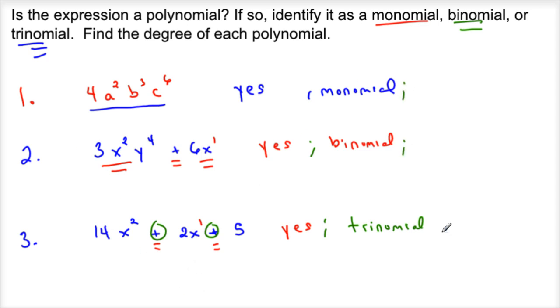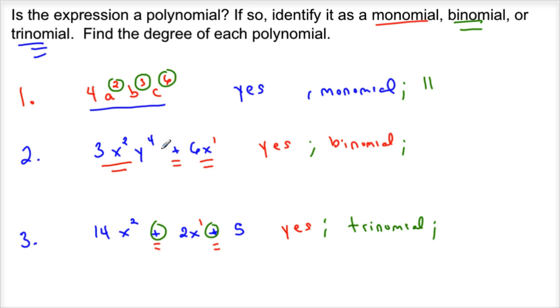Okay, find the degree of each polynomial. Find the term with the highest exponent. Well, this first one only has one term, so the highest exponent in this term is 6. Since these are all grouped together, what I'm going to do is add the 6, the 3, and the 2 of this term. So the degree of this term, or polynomial here, is 2 plus 3 is 5, plus 6 is 11, so the degree is 11.